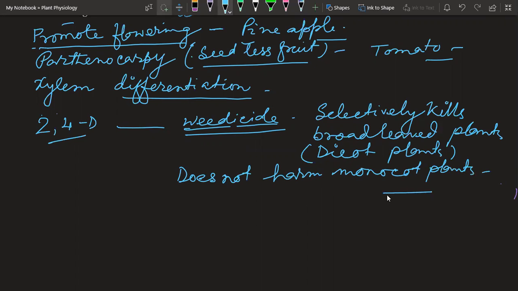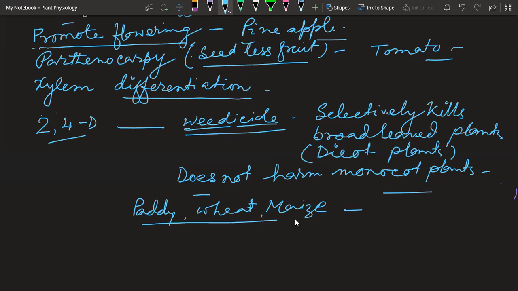Monocots are narrow-leaved. Say we are cultivating paddy, wheat, maize and some other crops; these are monocots. In a monocot field, if dicot weeds are there, then we can use this 2,4-D.